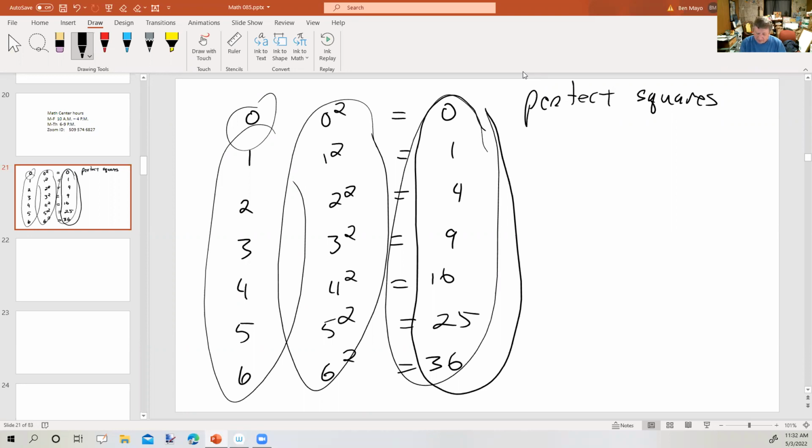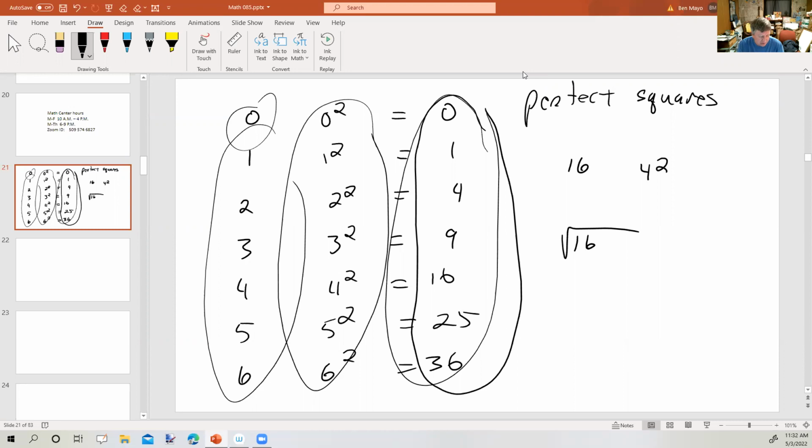All right. Now, let's take the number 16. 16 is a perfect square. Where did it come from? It came from 4 squared. So if we take the number 16 and we say, where did its square come from? We're saying, where is its square root?